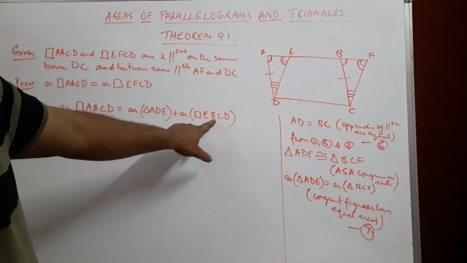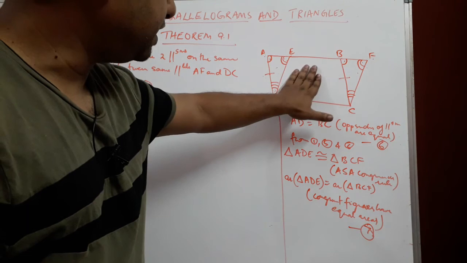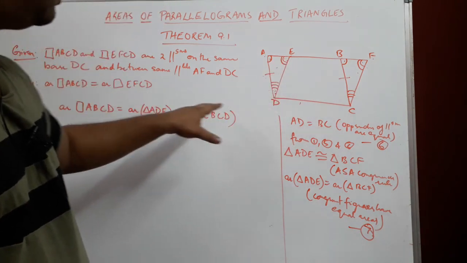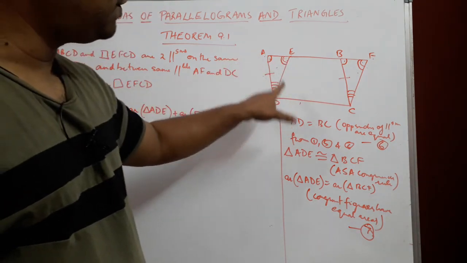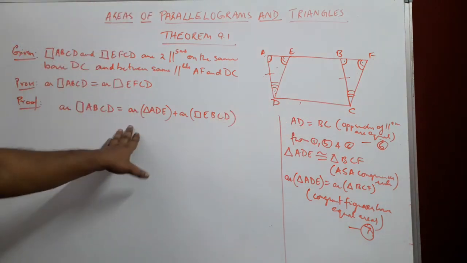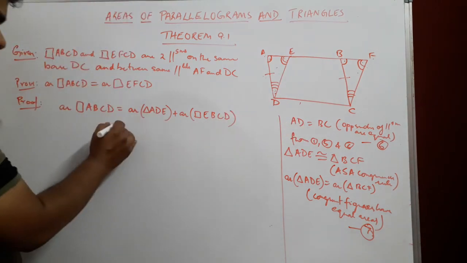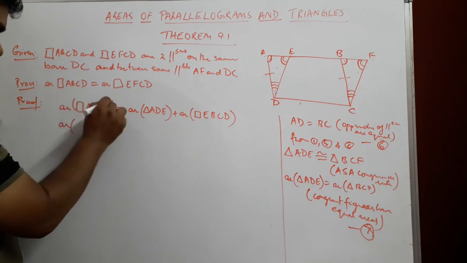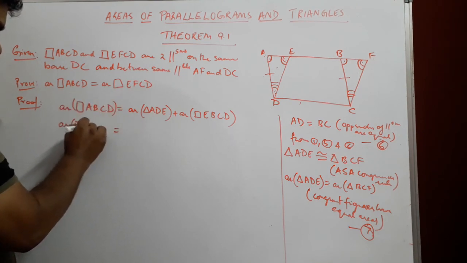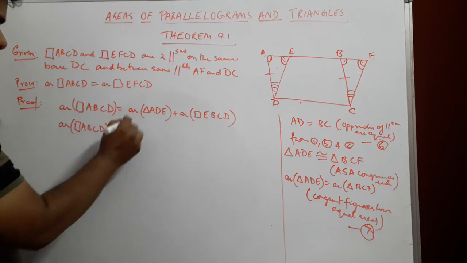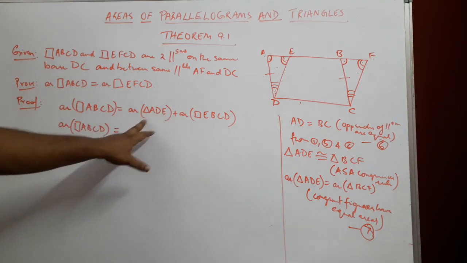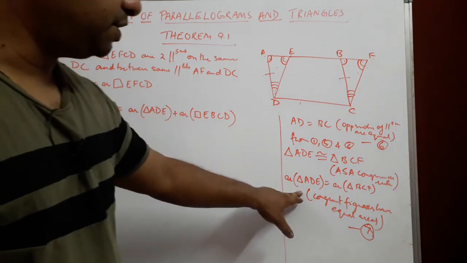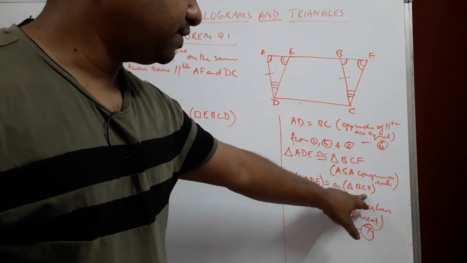Okay, and this area plus this area will give us the area of ABCD, right? But I'll continue over here, area of quadrilateral ABCD, area of triangle ADE, we know from here, is equal to area of triangle BCF.